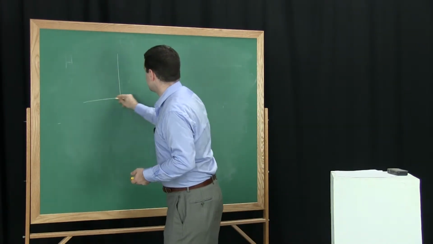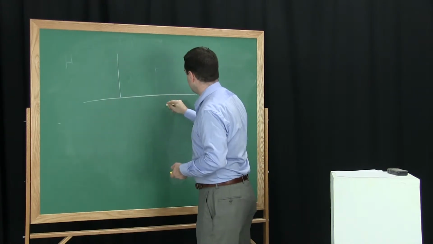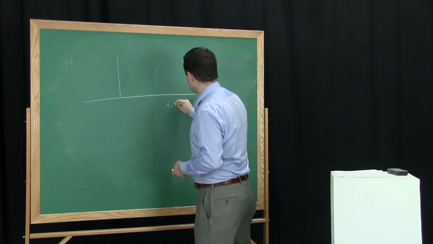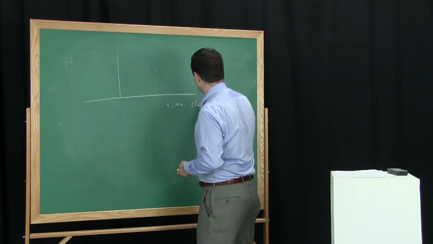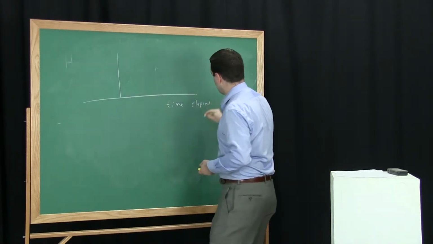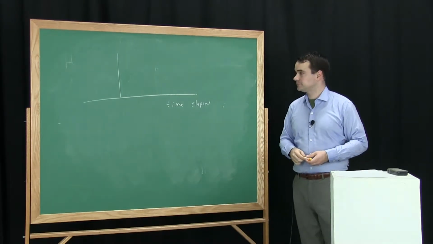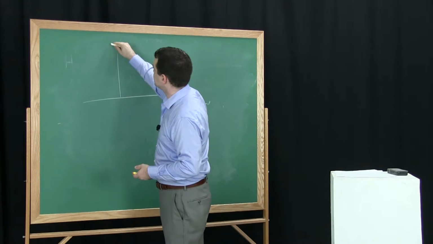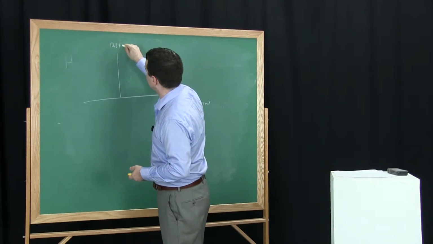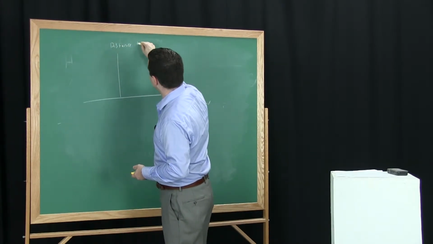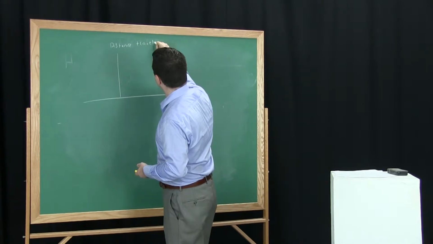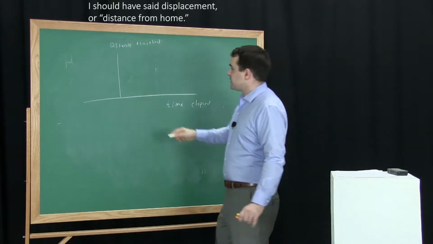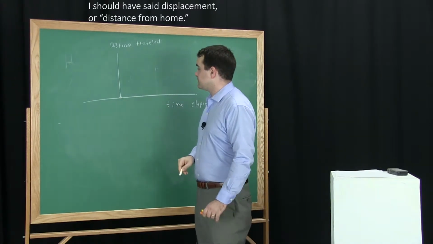So let's call the horizontal axis time, or t for time, the time that's elapsed from when we started. And let's call the vertical axis our distance traveled.